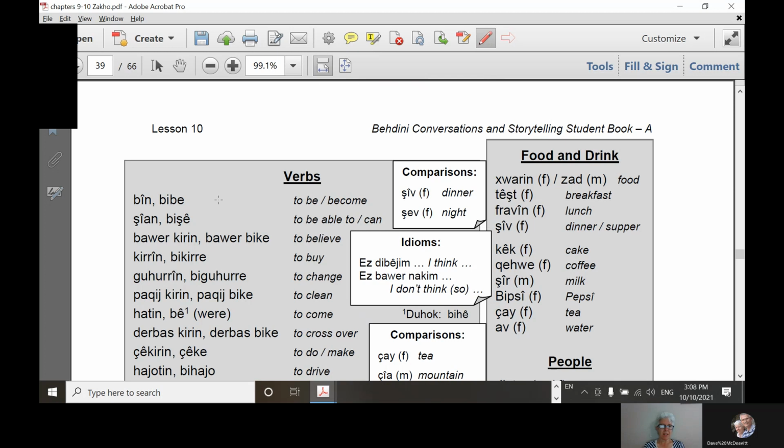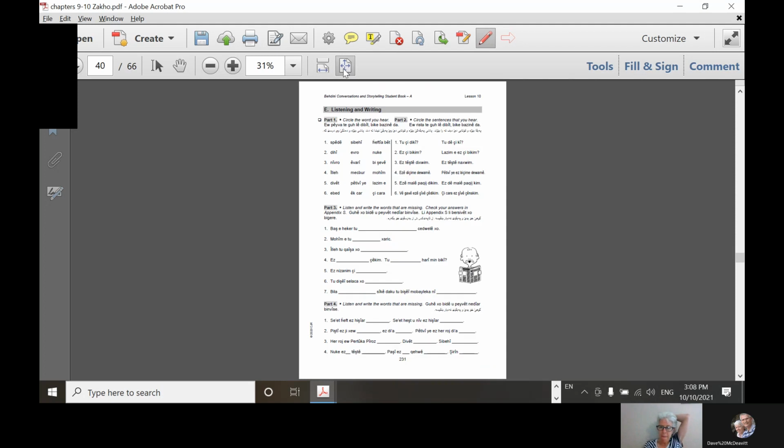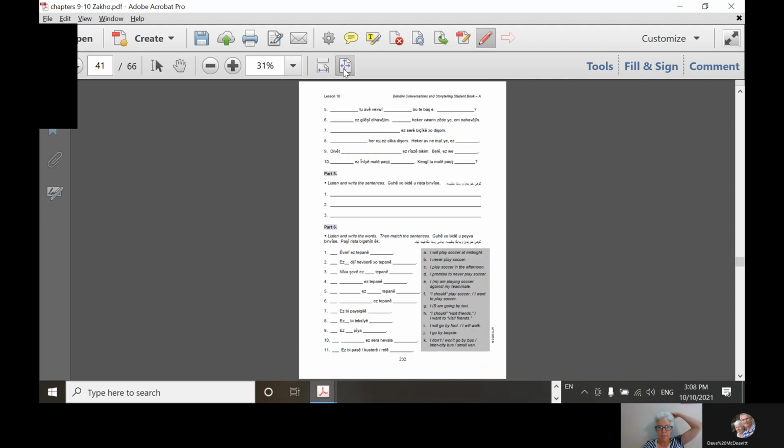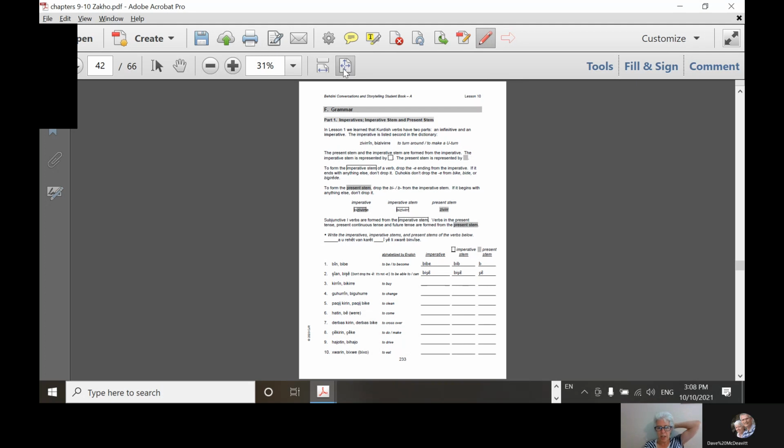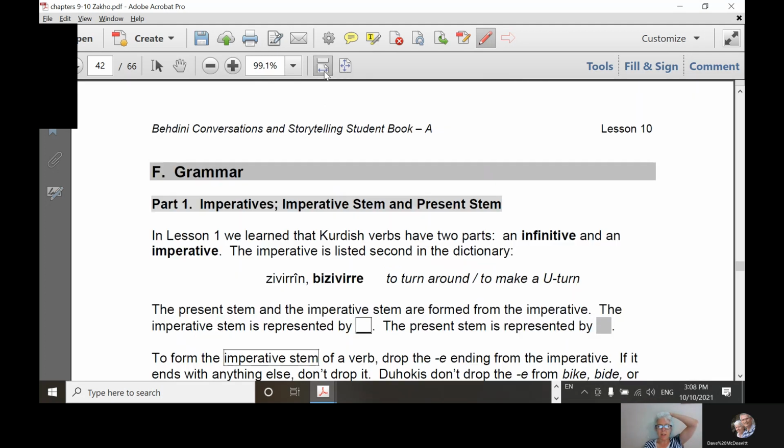But this present tense, present continuous, it doesn't matter for the most part if the verb is transitive or intransitive. Section E, you can do with your language helper or the audio recordings. So we're going to look at the grammar on page 233. And I'm looking at the Zacholi version here.